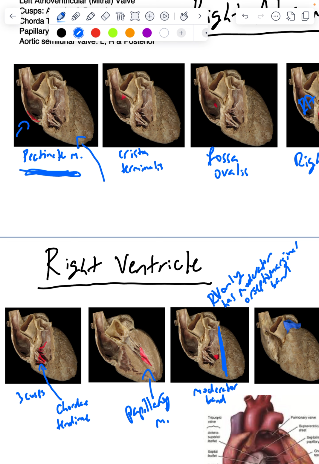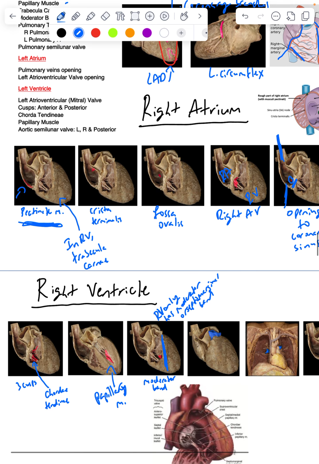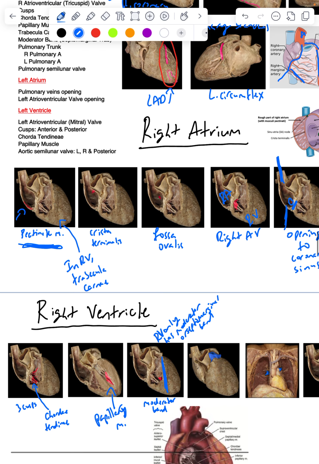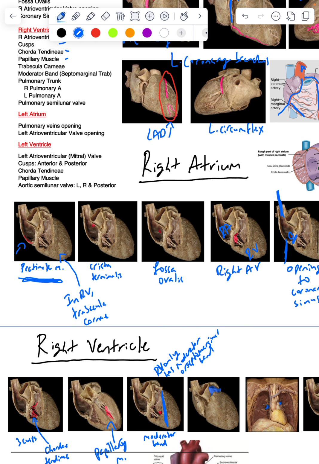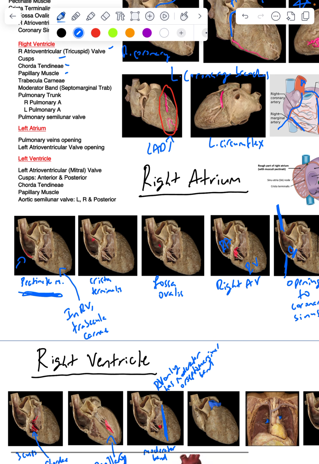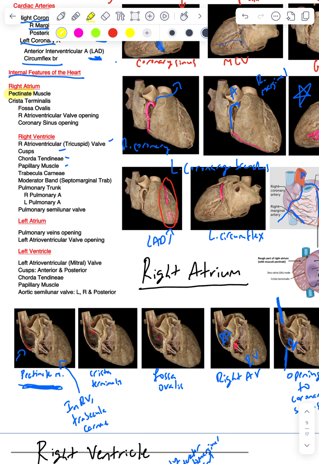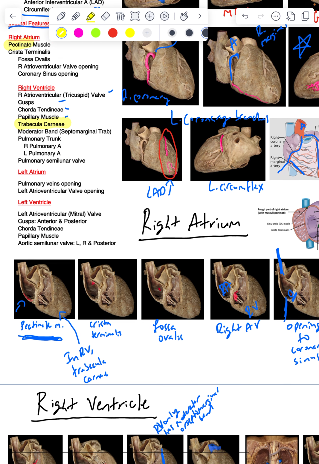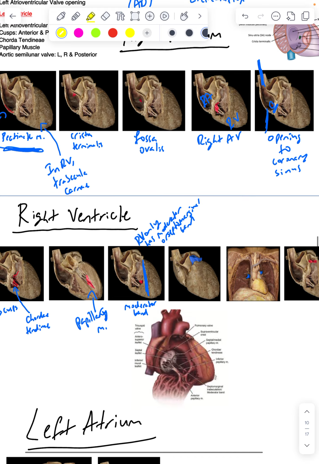In the right ventricle, if they pin something like that, they're called trabeculae carneae. So they're the equivalent of the pectinate muscles in the right atrium. So let me highlight those. Pectinate is the equivalent of trabeculae carneae. We did moderator band. And then coming off of the right ventricle, I already said this, that's your pulmonary trunk.